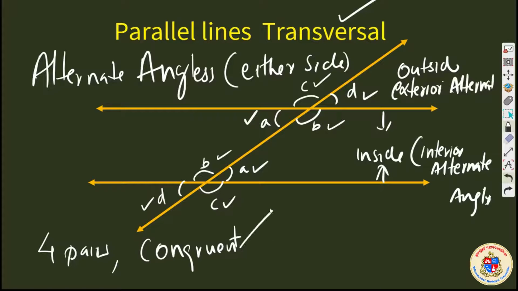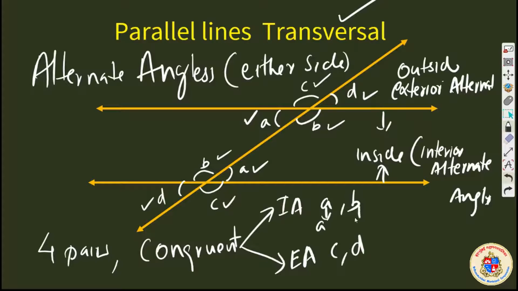So what are they? There are interior alternate angles A and B. There are exterior alternate angles C and D. A has another angle congruent with it, B has one, D has one, C has one. So 2 pairs of interior alternate angles, 2 pairs of exterior alternate angles.